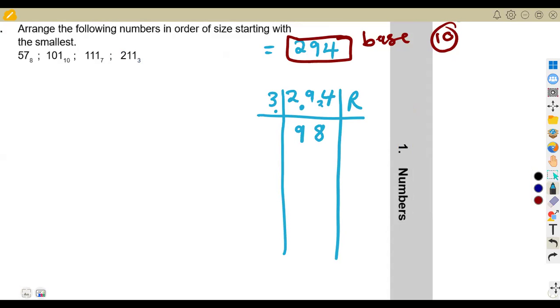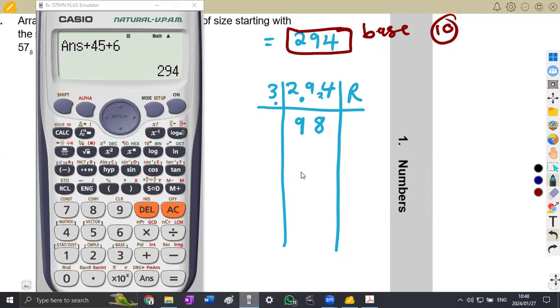You can also confirm this on your calculator to see if you are having the exact thing. So let us check what we are having here. If we divide 294 by 3, it gives us 98, which is the same answer that we got from our direct division.